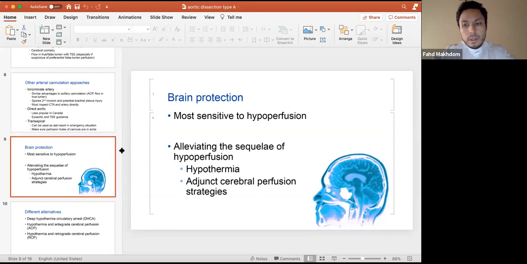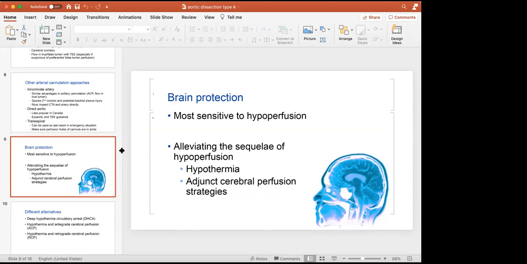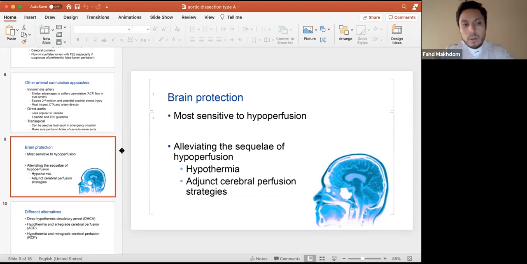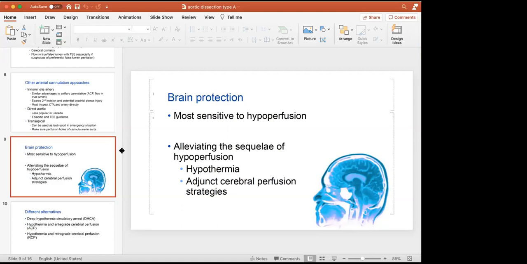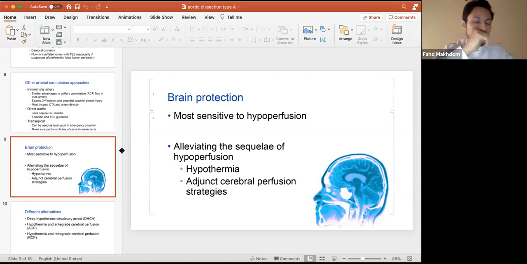It depends on the valve. It depends whether you're doing a mechanical composite graft or bio root, or I'll use the valve sizer to see the annulus. And no, sorry, I meant the length of the graft. The length, okay.